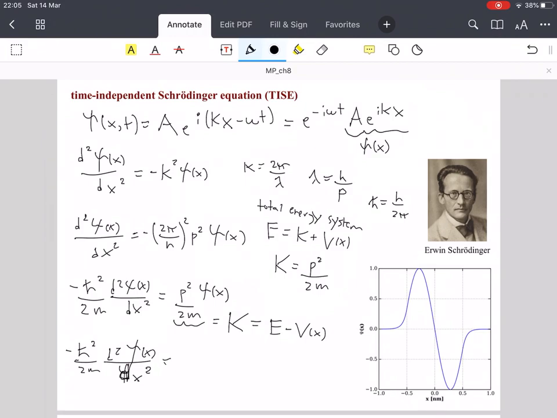And that is equal to then this E minus V of x multiplied by psi. All right, so what we do then is we look for standing wave solutions. An example is shown in the lower right.